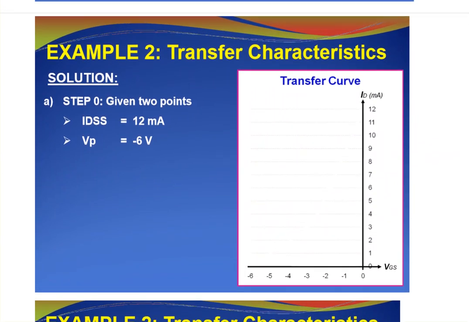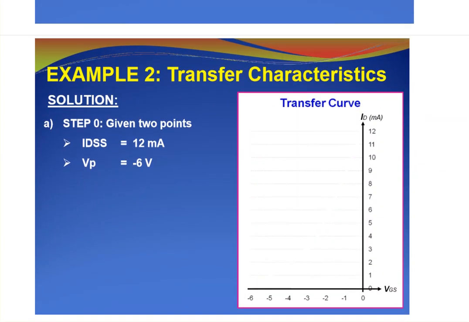So the first thing we will do, from the equation, as I just said, ID is nothing but IDSS multiplied by 1 minus VGS over VP, all squared.